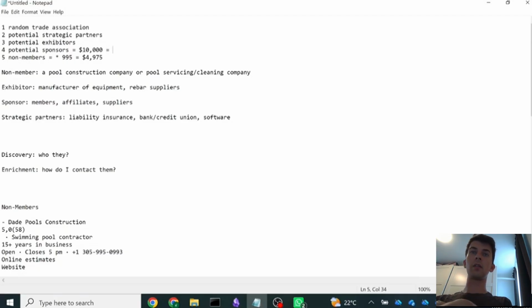So that would be 40,000 in revenue. From the 3 exhibitors, to be honest, it's going to be about the same. You could have 3 big booths selling easily for 10K. So we're looking at another 30 grand there.